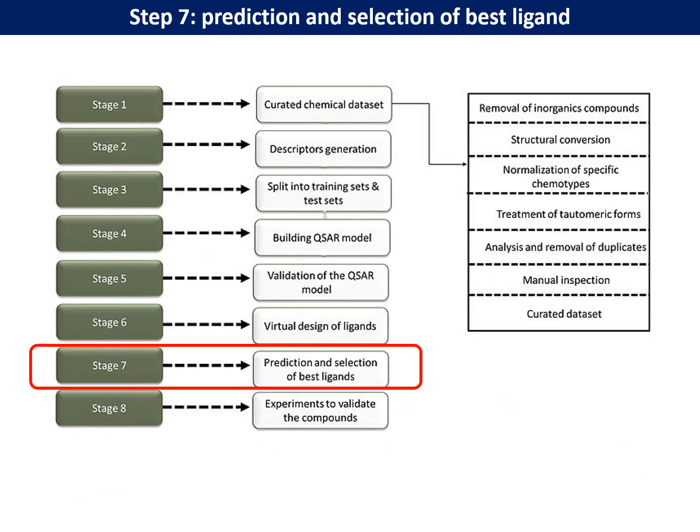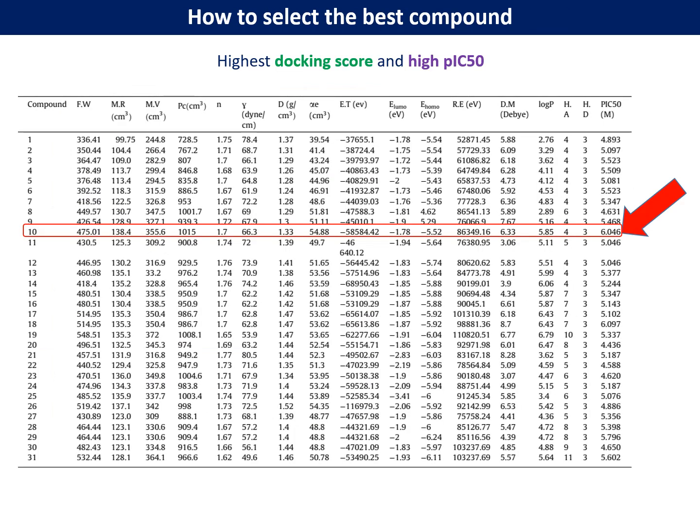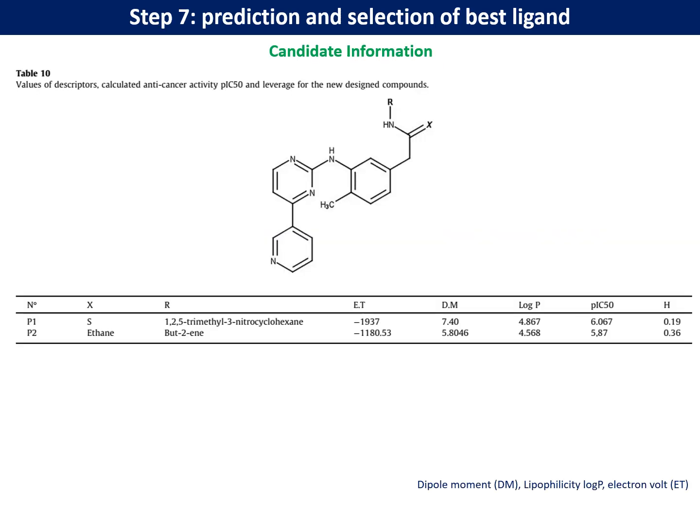Next we move to stage 7, the prediction and selection of the best ligand. As I mentioned before, compound number 10 here has a high docking score, not the highest, because one here is higher than compound 10, but it has a high pIC50, so we will select it for further analysis.